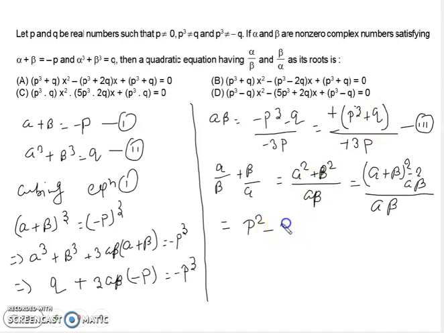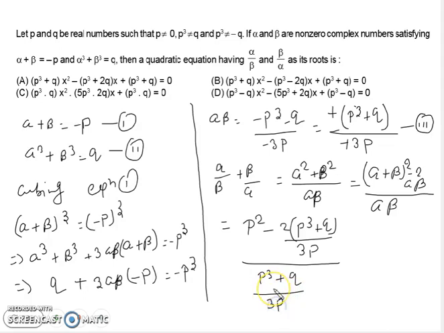So p square minus 2 into p cube plus q divided by 3p, right? And divided by, once again, alpha beta, which is equal to p cube plus q by 3p, right?